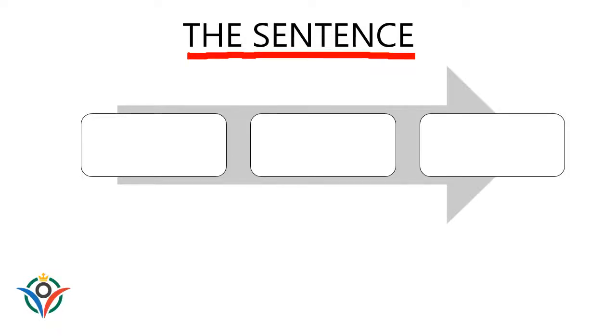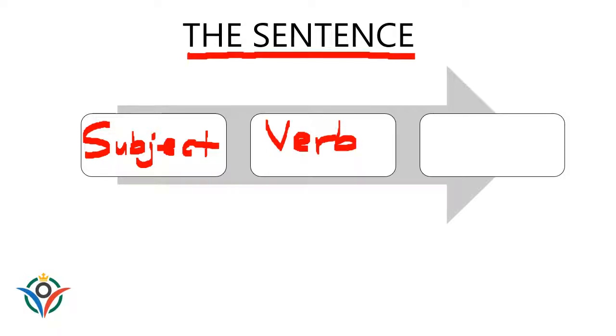Every sentence consists of a subject, a verb, and then if it's a transitive verb, it needs to be followed by an object. We could say that every sentence needs a subject, a verb, and an object, but I prefer to use the term complement, which includes not only direct object, but phrases and clauses as well.